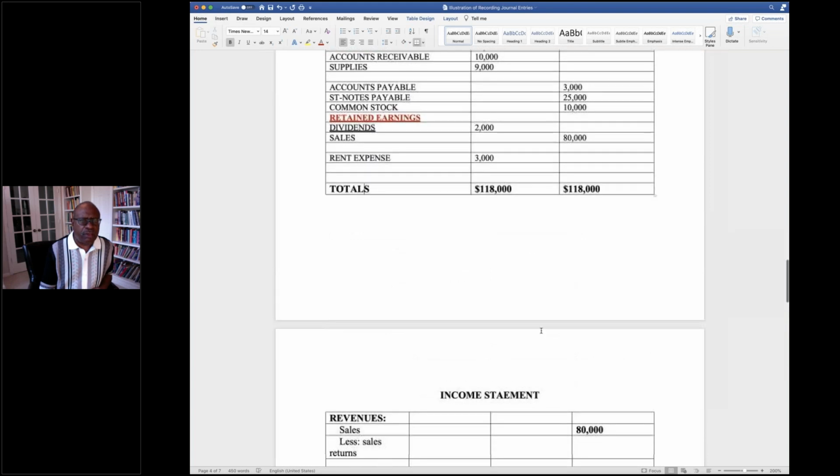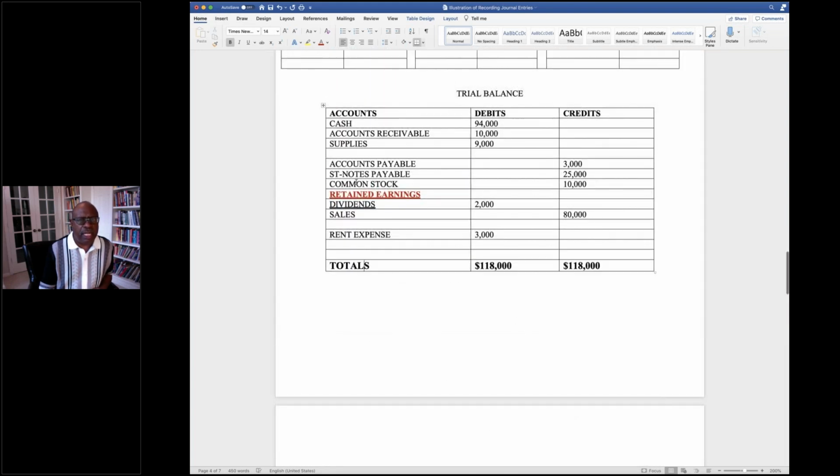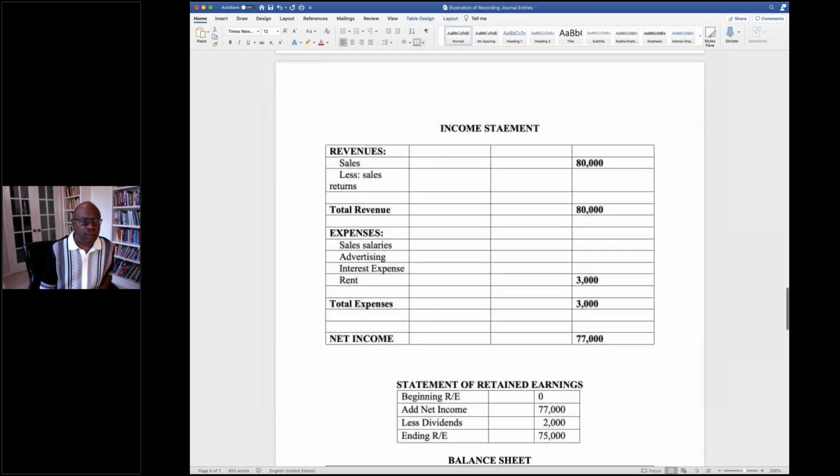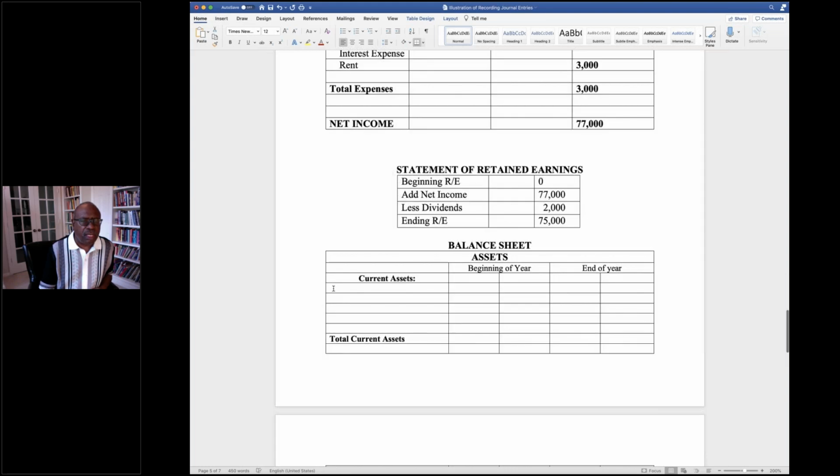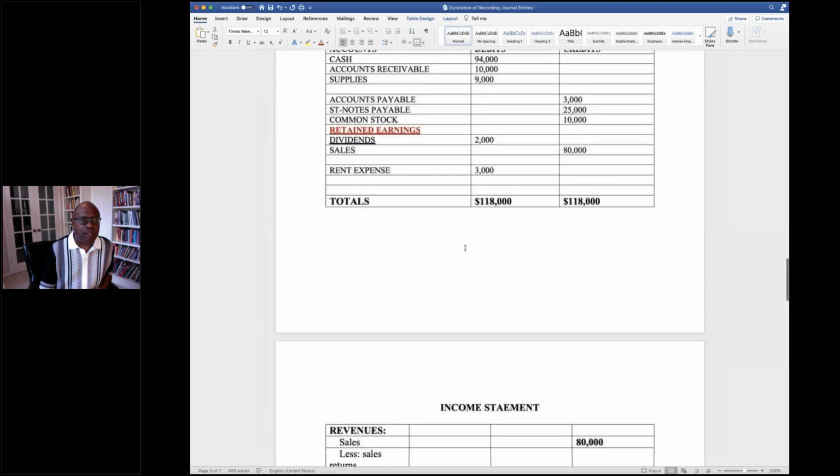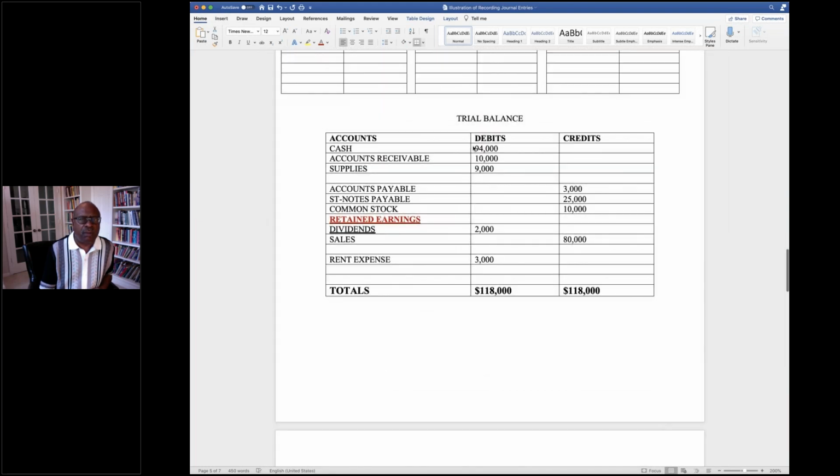So we go up to our trial balance, and we're going to pull down our three accounts for assets that we have. We're going to copy these, and we're going to paste them here. Okay. So we have cash, receivables, and supplies. Our dollar amounts in those accounts are 94, 10, and 9.